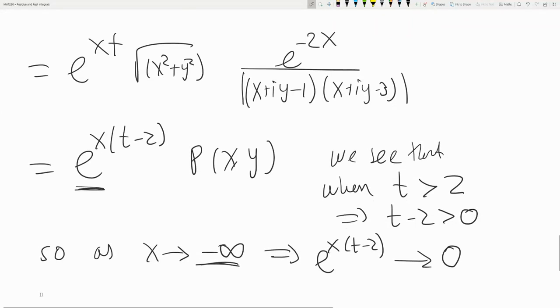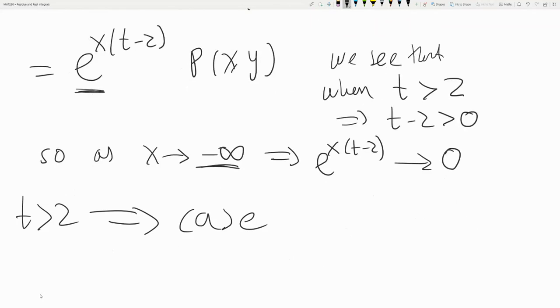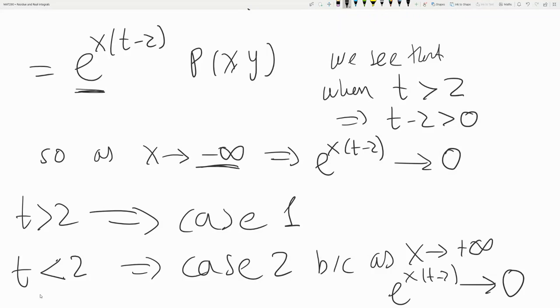So t bigger than 2 means case 1, and the reverse, t less than 2, means case 2, because as x goes to plus infinity, e to the x(t minus 2) goes to 0.